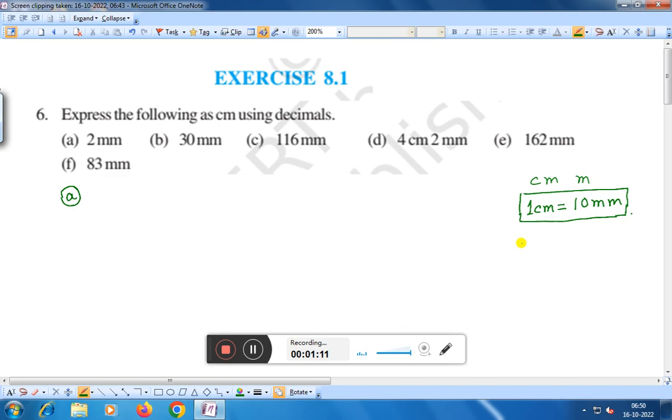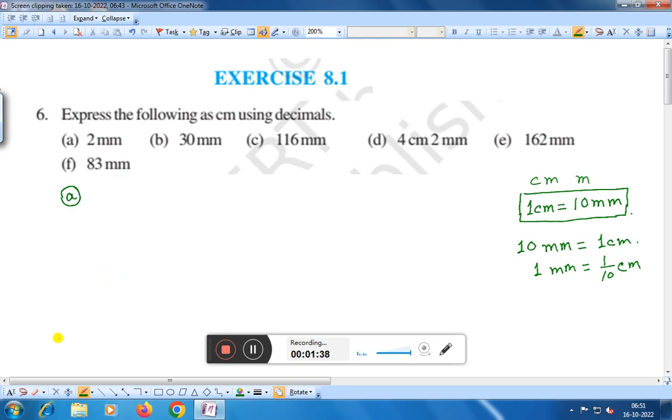That means you can write here that 10 millimeter is equal to 1 centimeter, or you can say 1 millimeter equals 1 by 10 centimeter, right? Okay, therefore you have to change it into centimeter.